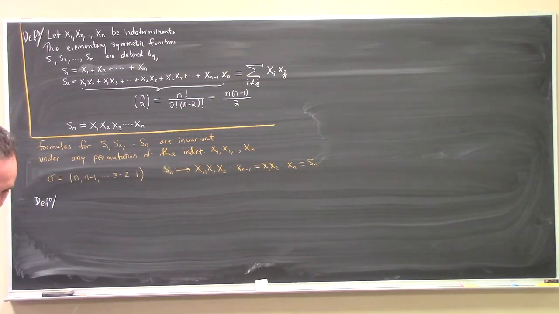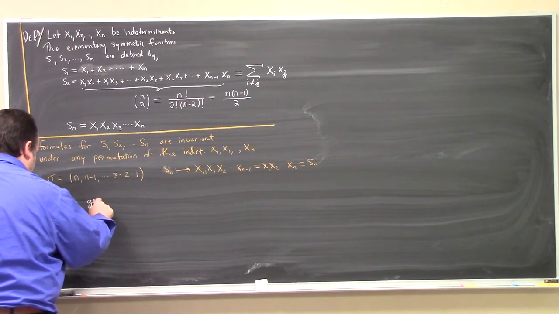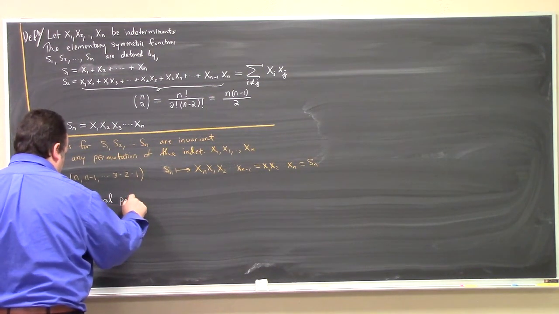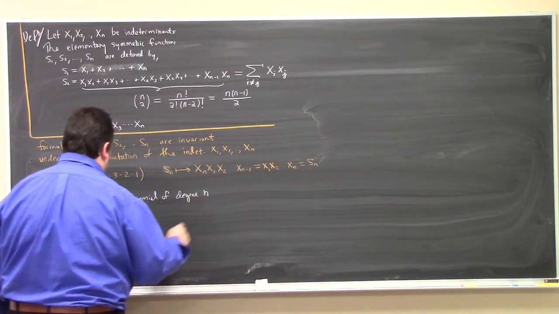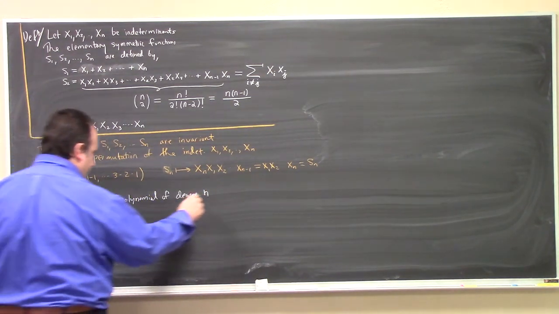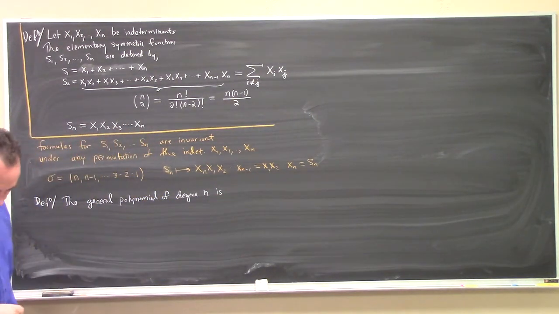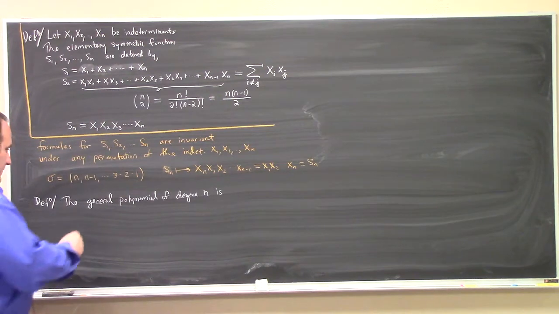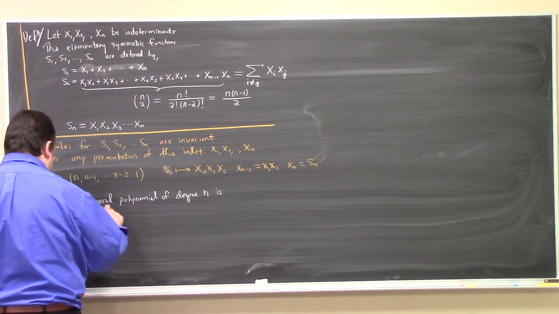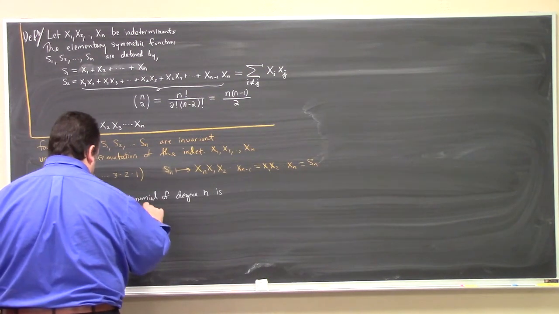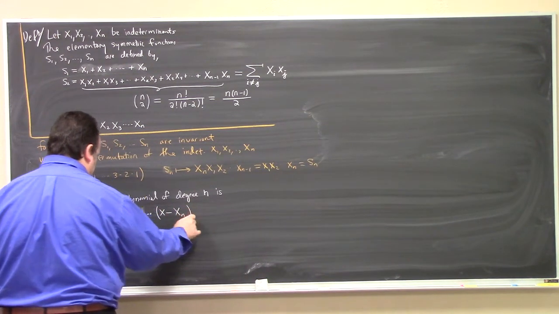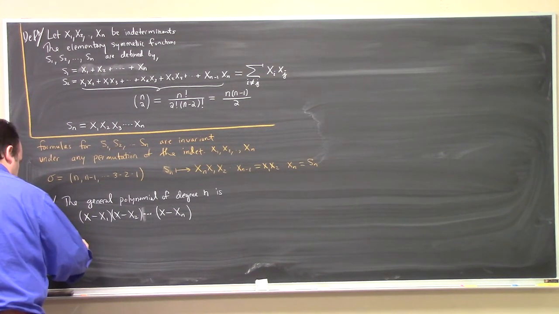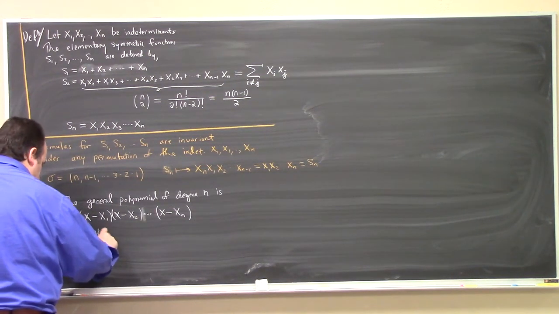The general polynomial of degree n is (x minus x1)(x minus x2)...(x minus xn), with roots the indeterminates.